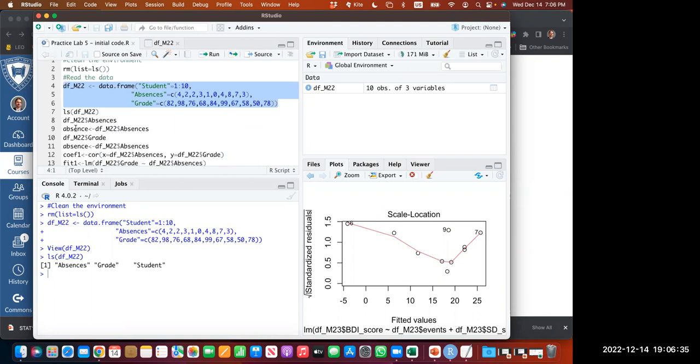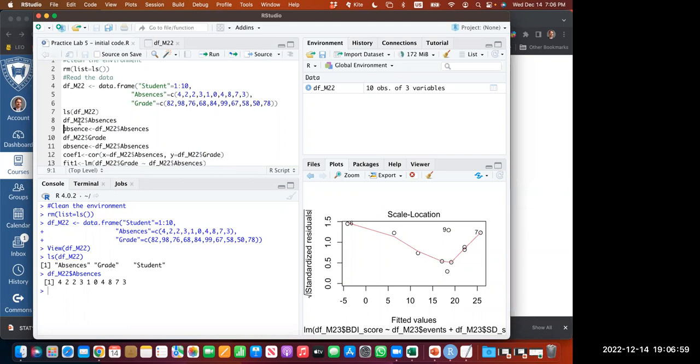So once you have DFM22 loaded, you can look at the variables included in DFM22 with ls, which gives you a list of sub-objects contained. Then you can run line 8, which is giving you just one variable in your object.